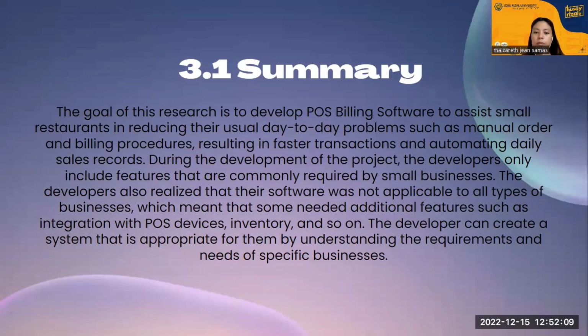Developers only incorporate functions in projects that smaller businesses frequently need. The software developers also realized that not all types of businesses could use it. Thus, some needed extra features like POS device connectivity, inventory management, and so forth. So, by understanding the requirements, the developer can develop a system that is appropriate for clients' needs.